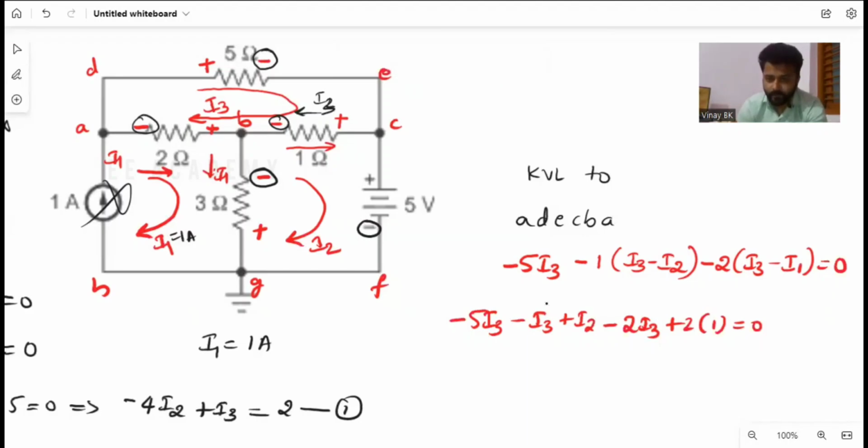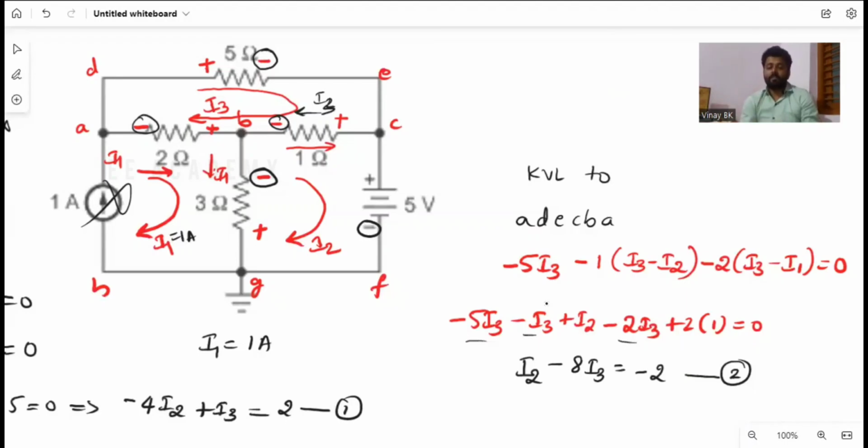You get minus 5I3 minus I3 minus 2I3, that is minus 8I3, plus I2, plus 2 into 1. So minus 8I3 plus I2 equals, I will send it to the right side, it becomes minus 2, and this is equation number 2.